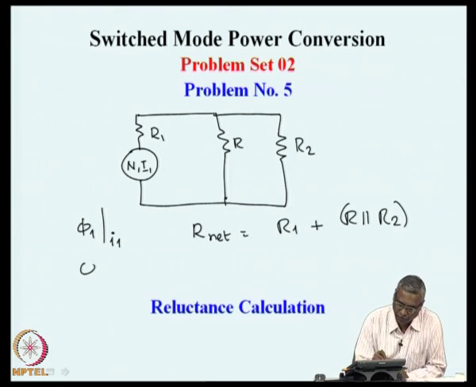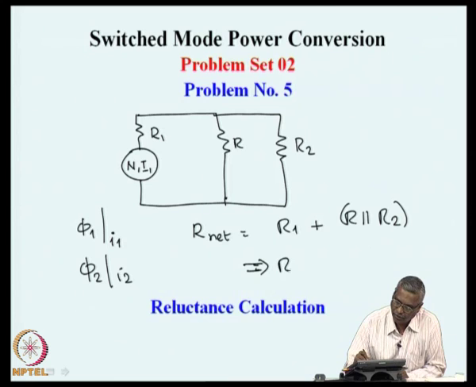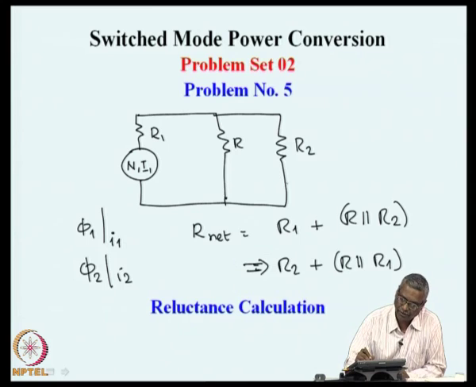Similarly, if we wish to find out flux 2 on account of I2, then the reluctance for that will be R2 plus R parallel R1, because now excitation will be in this limb.